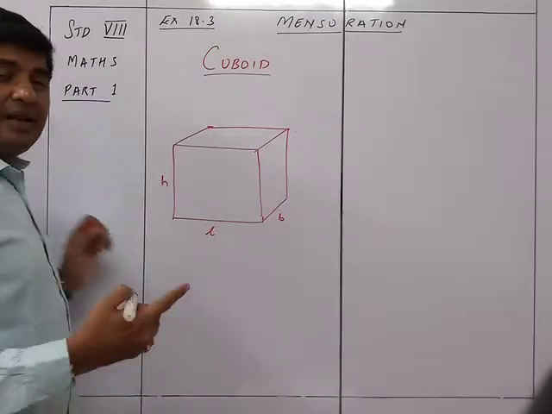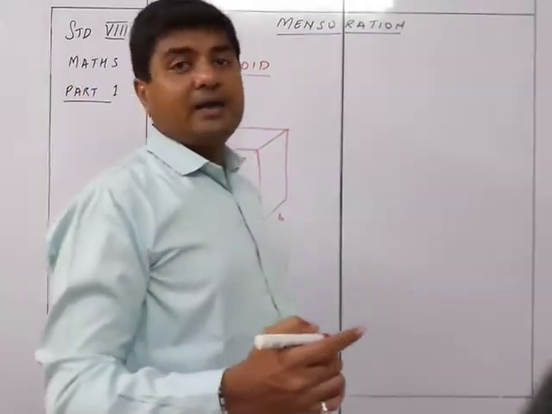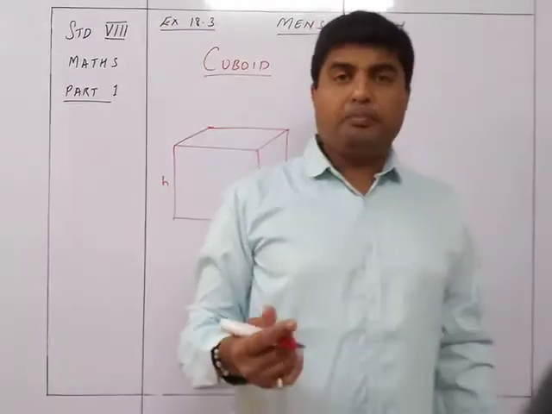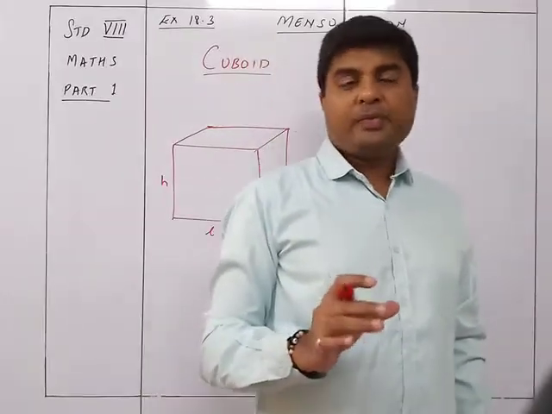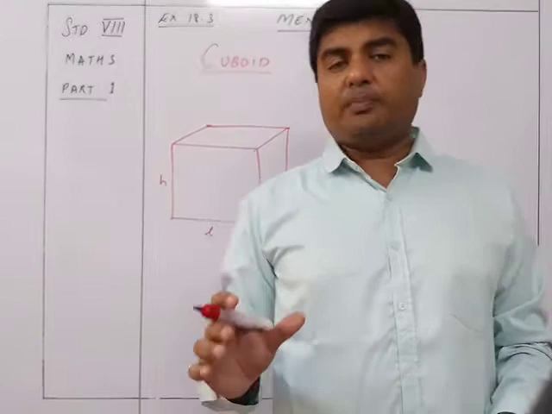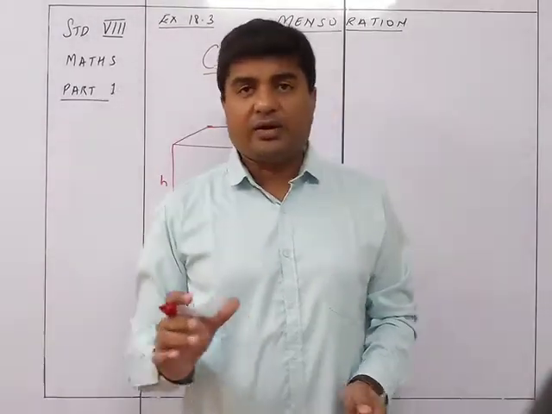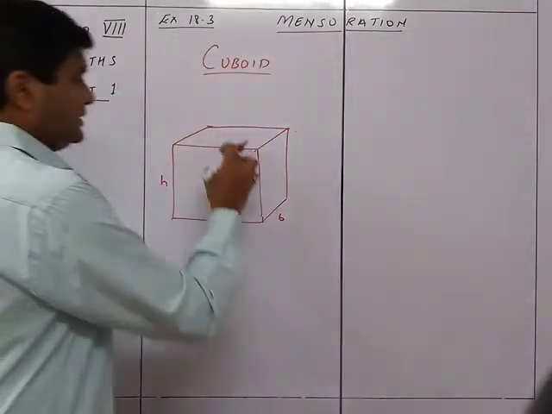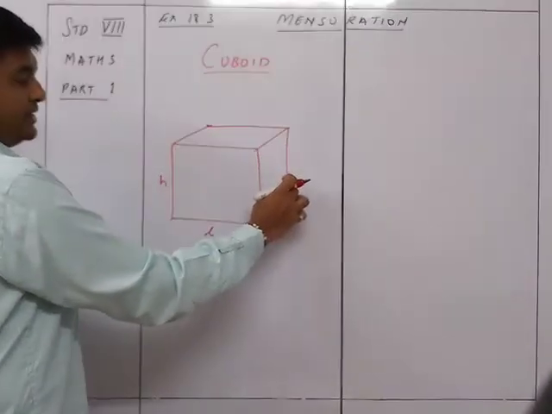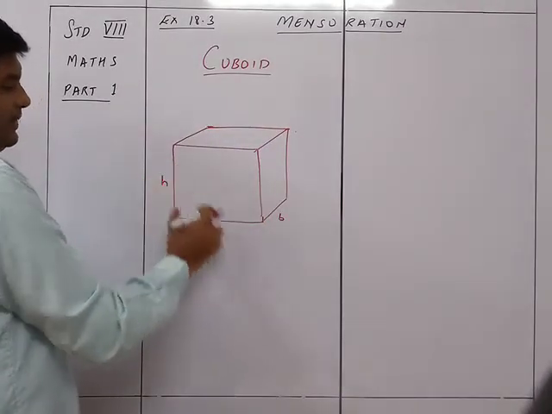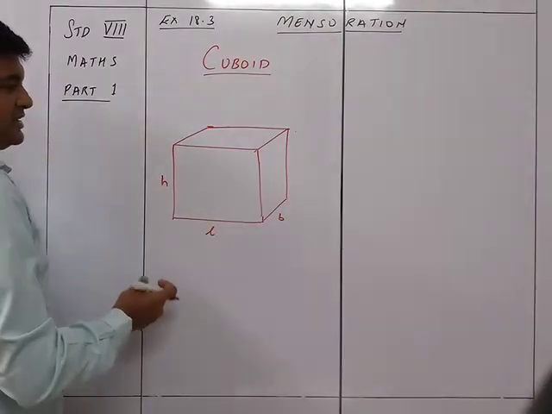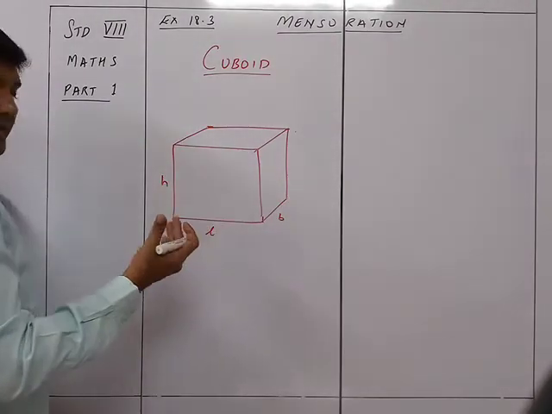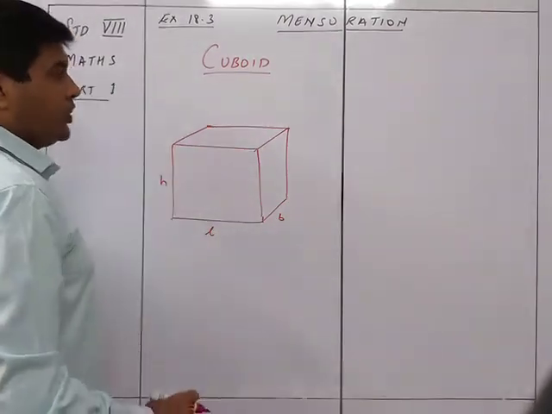And here the length, breadth and height are not the same, or may not be the same. So if you are having a rectangular kind of a box, we call it a cuboid. You can see over here the thickness is less, that is the breadth is less, but the length is bigger. Height and length we can say are quite the same, but they may be different also. So this is the cuboid.